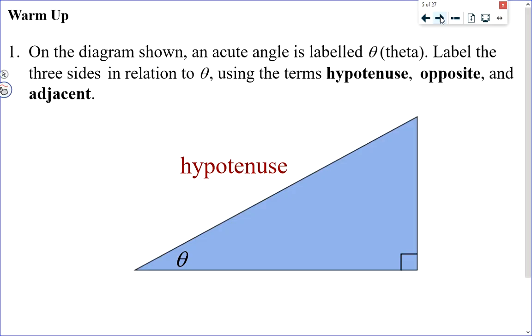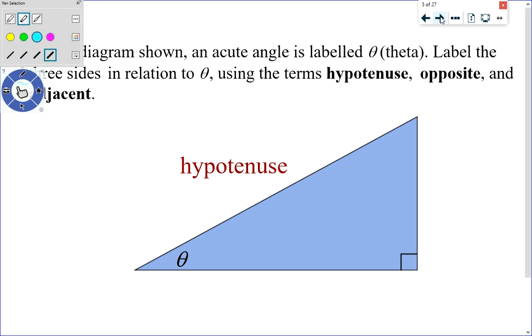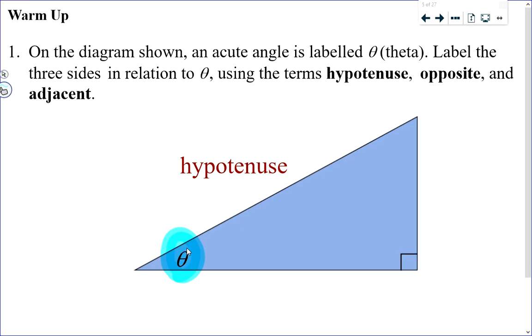And the word opposite means on the other side from, or across from. And it's opposite to theta. So when you look at theta, which of the two remaining sides are opposite to it? Well, that would be the one on the right-hand side of the screen.